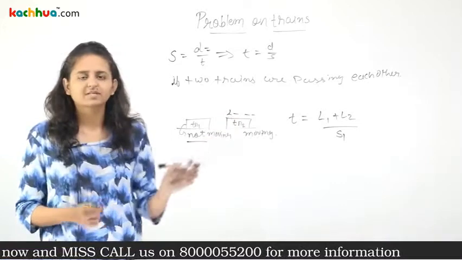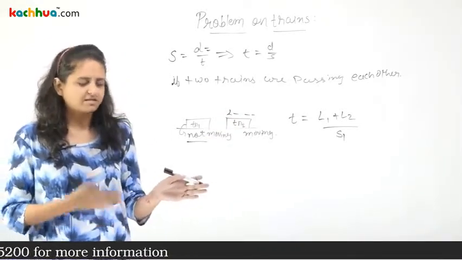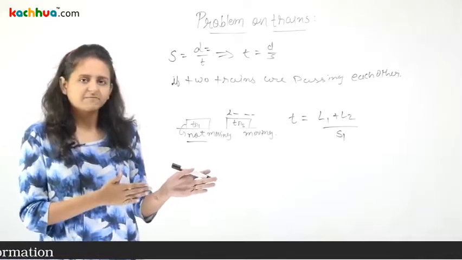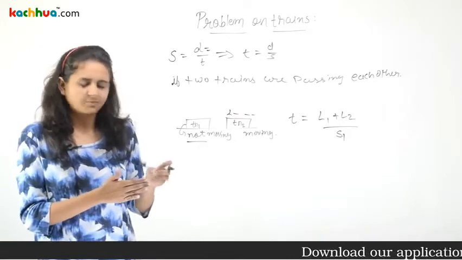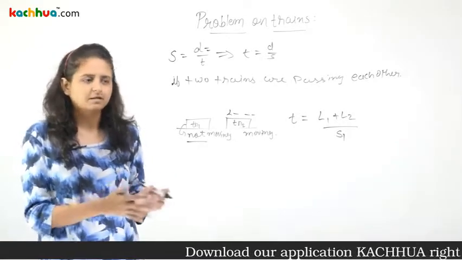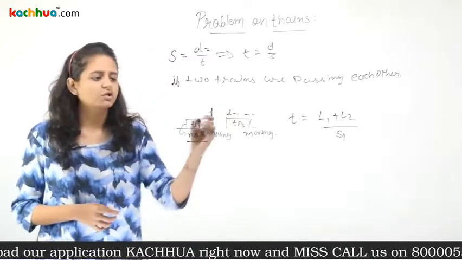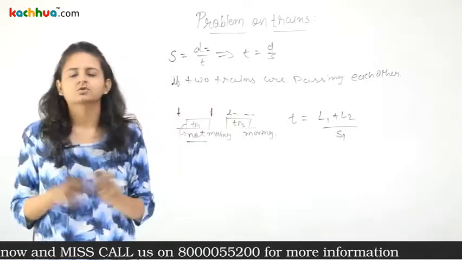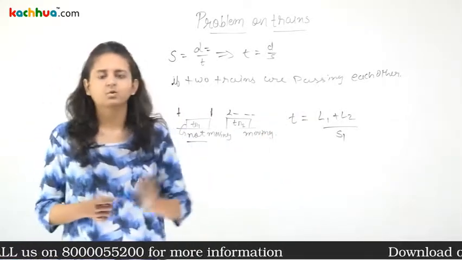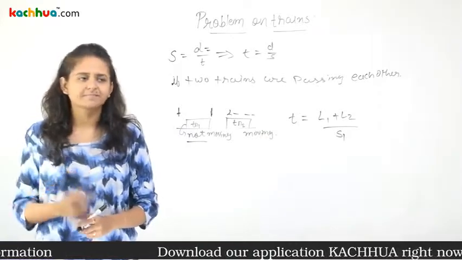If train 2 is passing train 1, suppose this is train 1 and this is train 2, and train 2 is moving in this direction, the time will start when train 2 is over here and end when it crosses the whole train to this point. So the distance will be L1 plus L2 divided by S1.